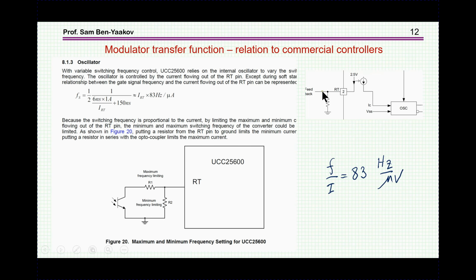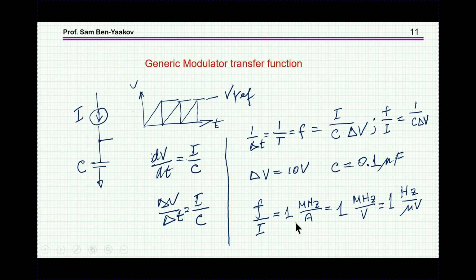This is the current coming out, and here we have a current mirror, and here we have the oscillator, which will probably be something like this capacitor which is charging, as I've done earlier. And they're specifying it at 83 hertz per microamp. Sorry, this should be microamp, correct? So if one wishes, we can change the values of this capacitor or the current and get, of course, the same constant if you want.